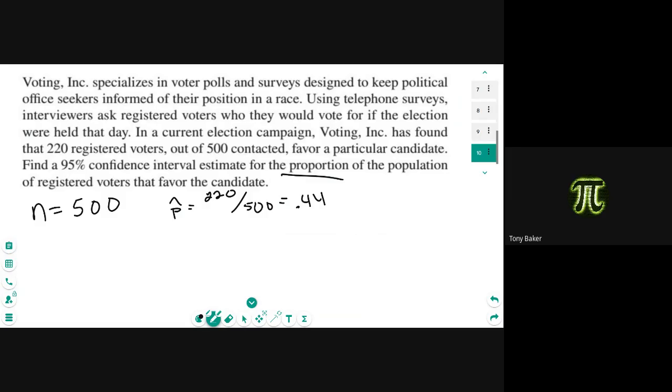And how do I calculate the standard deviation? P hat times 1 minus P hat, over N, and the square root of that. Oh, yeah, and it's 500. Why did I put the N there?